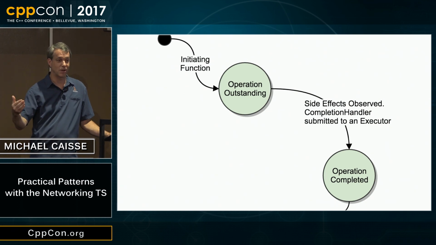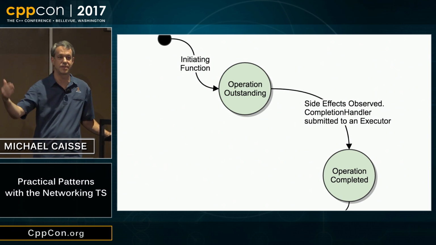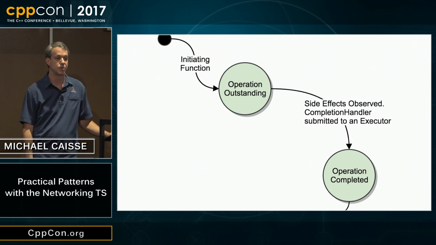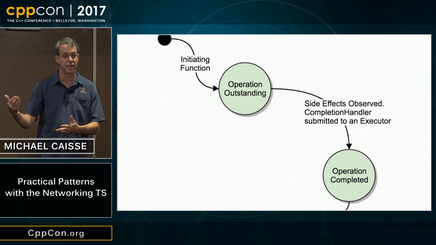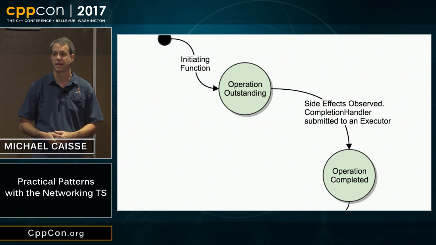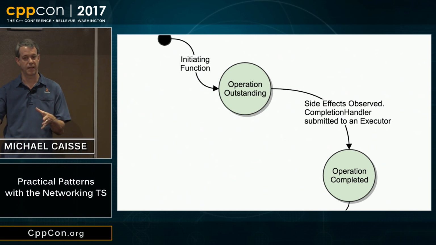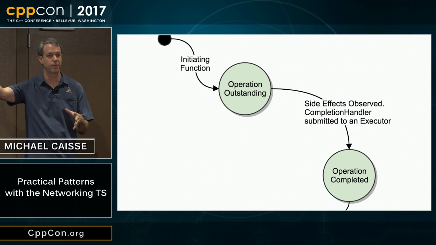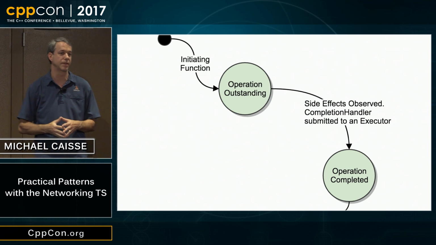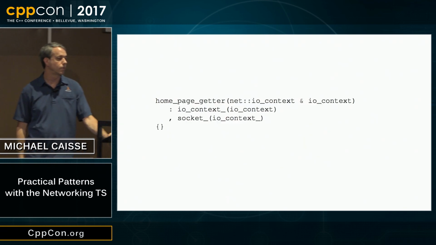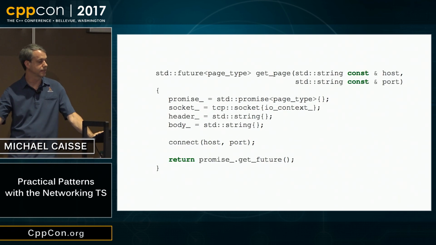When that gets called, the normal thing to do using this model is to initiate the next asynchronous item that you want to do. So during the completion of the previous asynchronous activity, start off the next one. I finished reading the header, and now I want to start reading the body. When do I start reading the body? Well, in the completion handler of reading the header. So we're going to be able to chain these things together.